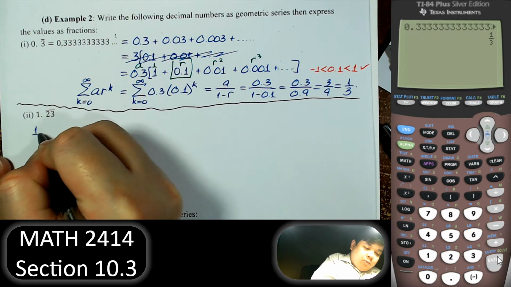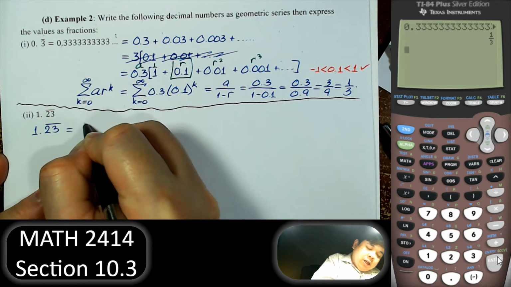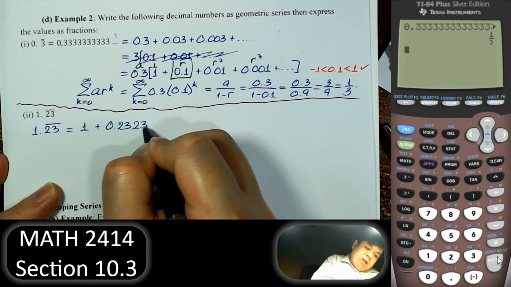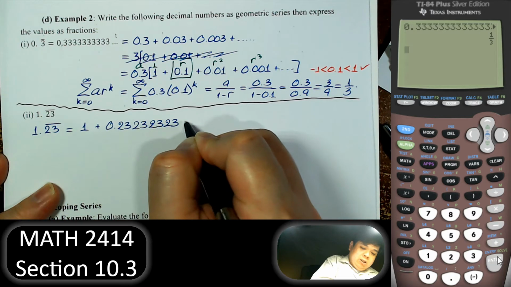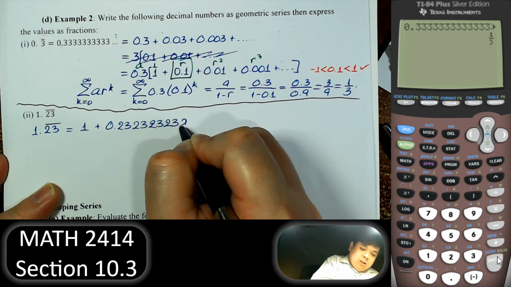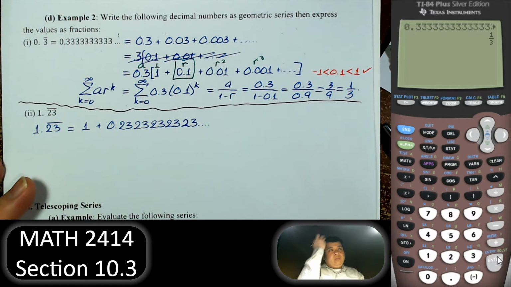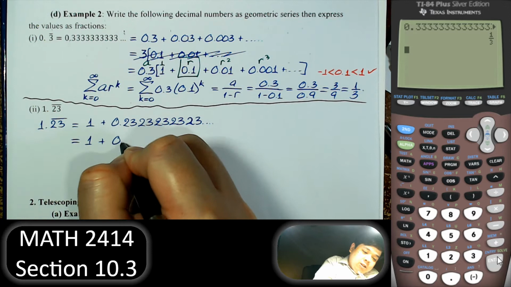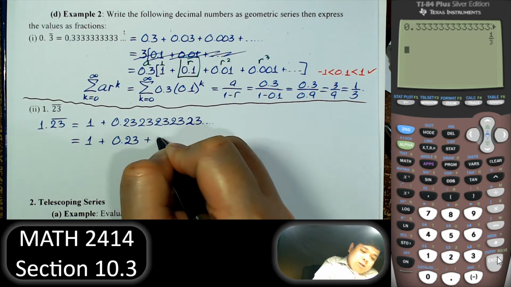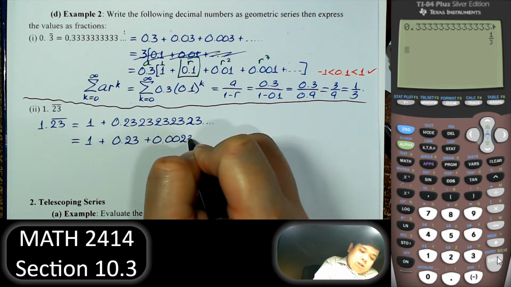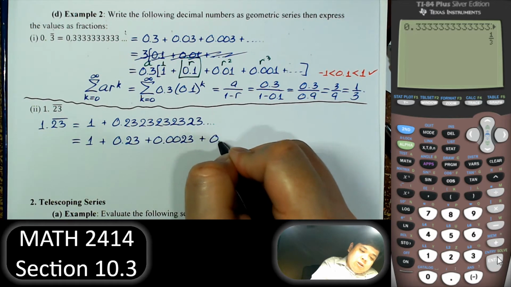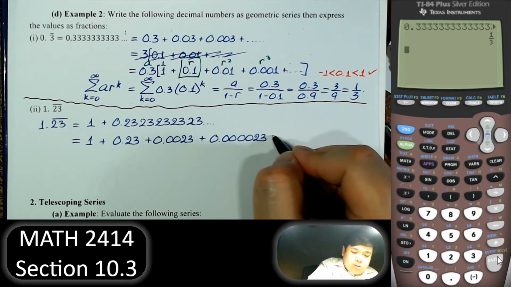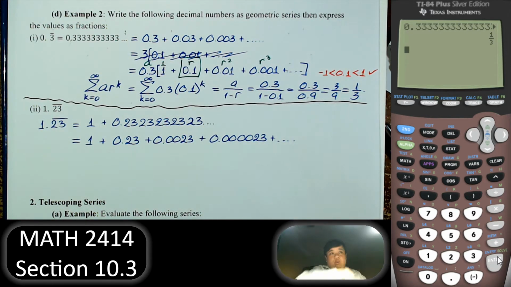So 1.23 repeating decimal is 1 plus 0.232323. So if we split, and we can write like that.